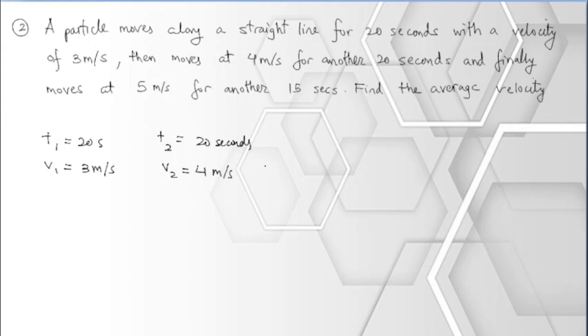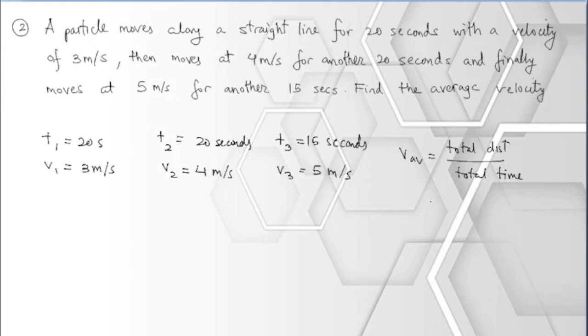And in the third case, it is moving for 15 seconds at a velocity of 5 meters per second. So let us again recall, what do you need for average velocity? That is total distance by total time.